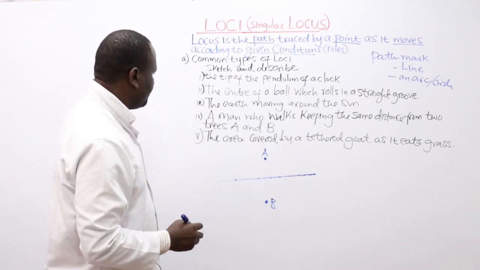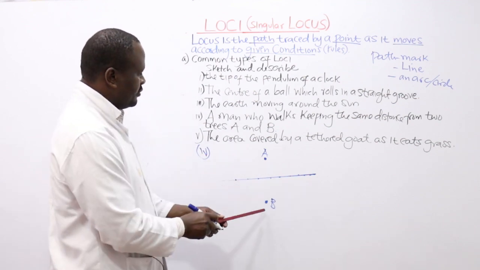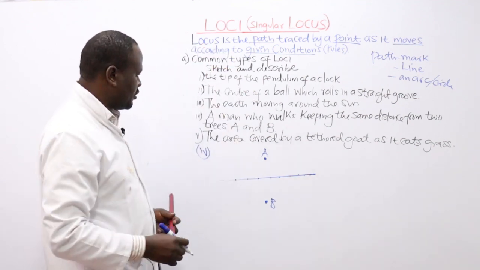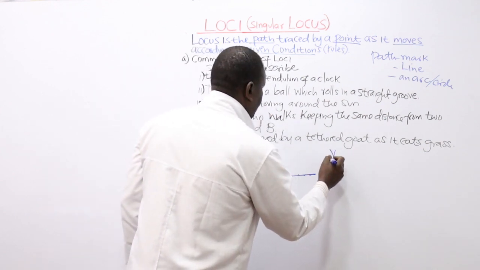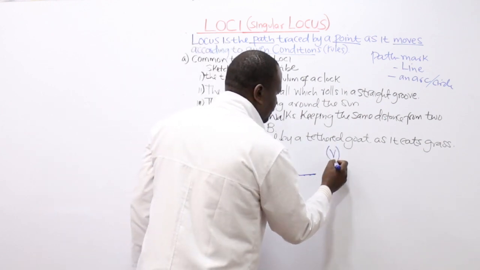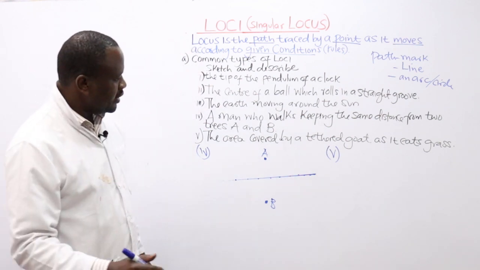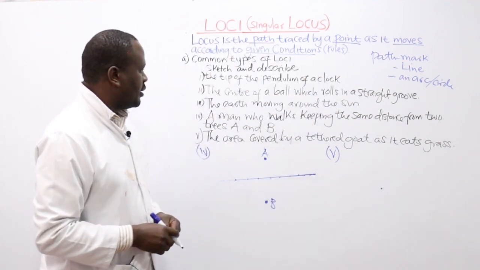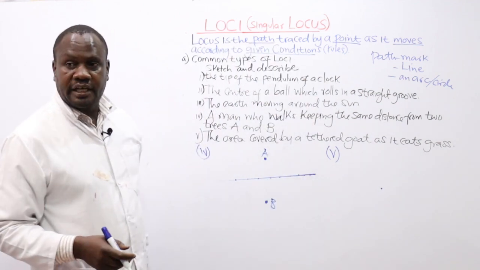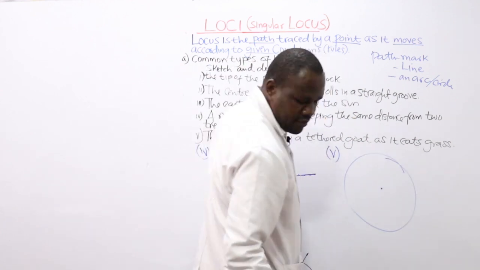Now, what about, so this represents a tree as seen from the top. Now, part 5, there is a goat which is tied here. You can imagine the area it will eat. It will be a circle.